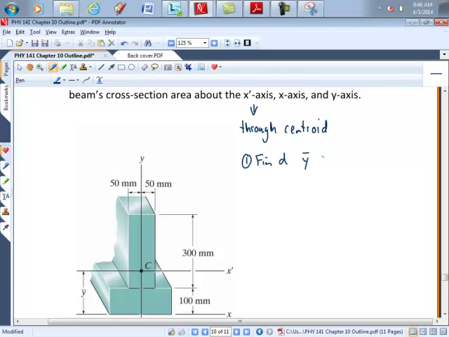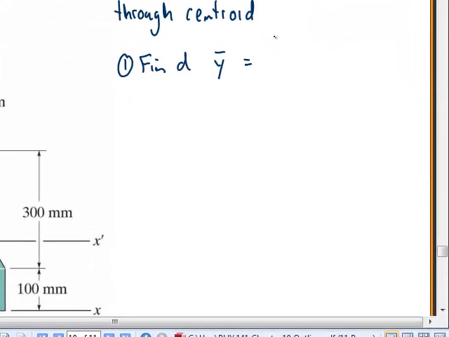Okay, but are we really going to integrate for a shape like this? Right, so we're going to do it by sections as well. So if we divide it into two sections, let's call the top one 1 and the bottom one 2. So we would find y bar equals the sum of the y tilde times the area over the sum of the area.